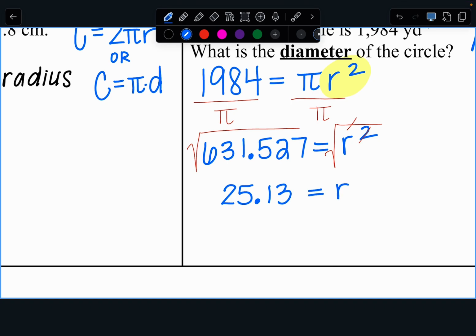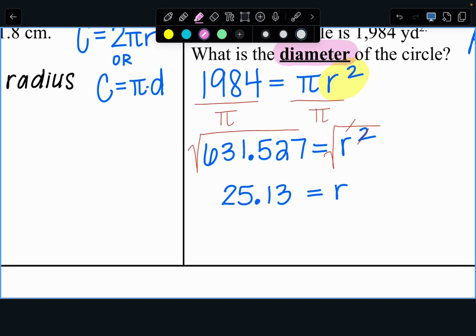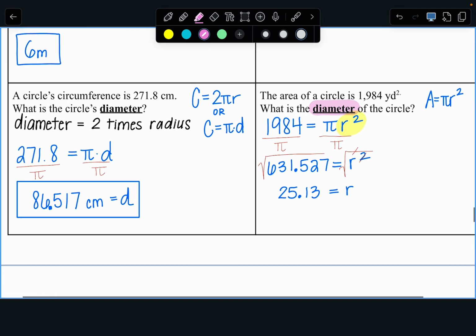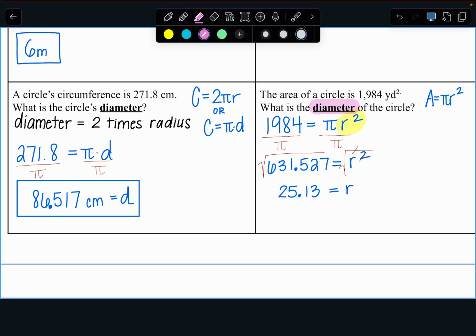But it doesn't ask us for the radius. It asks us for the diameter. So what's the relationship between radius and diameter? Yep, diameter is 2 times the radius. So diameter is 25.13 times 2. So that's 50.26. And that is yards.